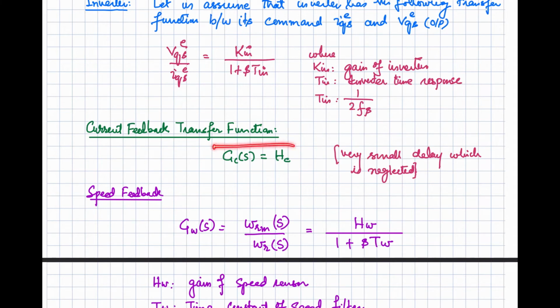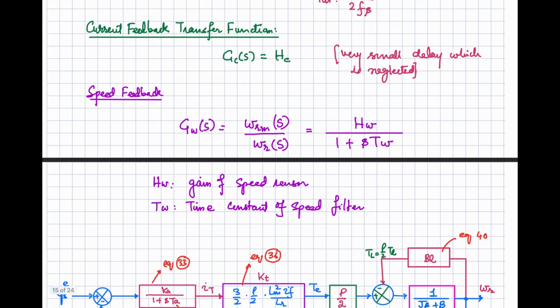So the transfer function of the current sensor, the Hall effect sensor, is simply equal to HC, that is a gain of your sensor. There are very small delays because of the current sensor, so we are going to neglect that in our implementation, and usually we neglect it in drives applications.